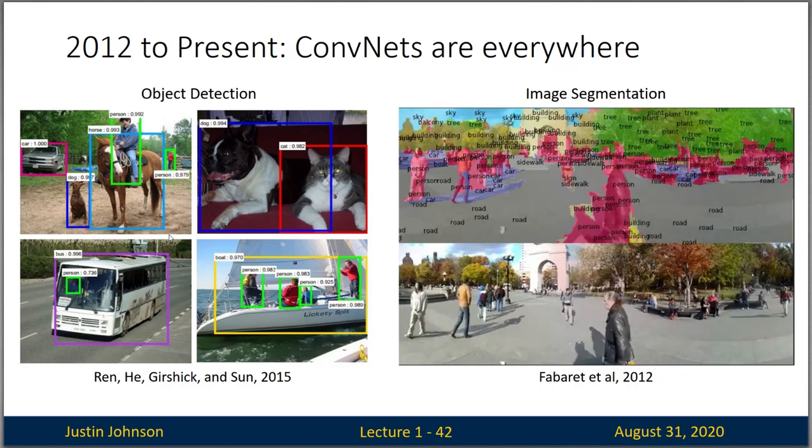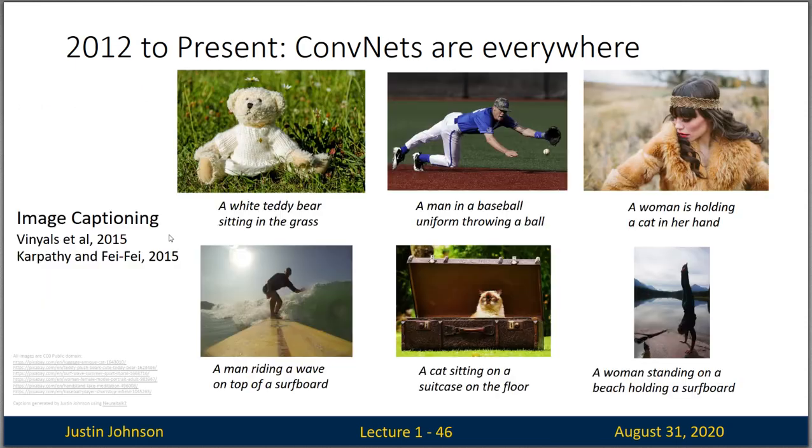Object detection also, all done by convolutional neural networks, image segmentation, image captioning, so the computer generates a descriptive text from the view that is seen in the image.